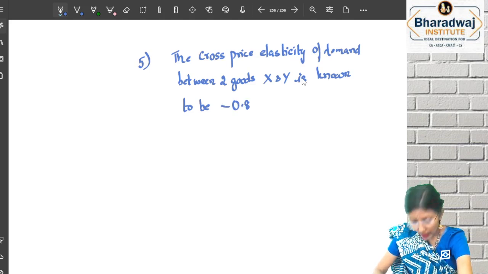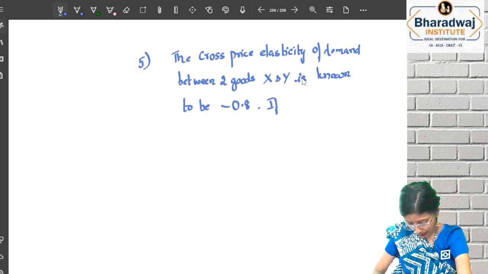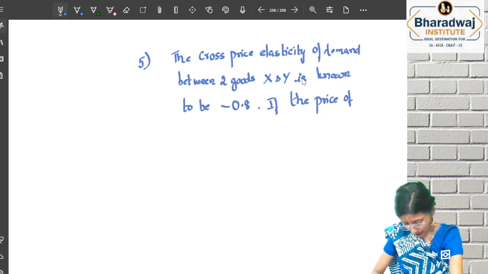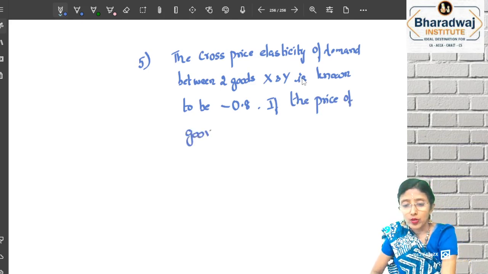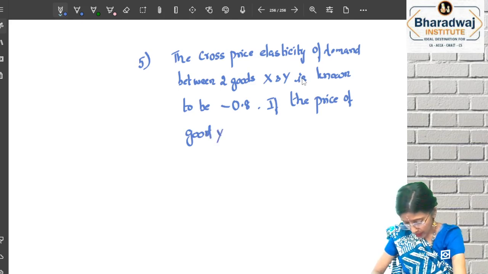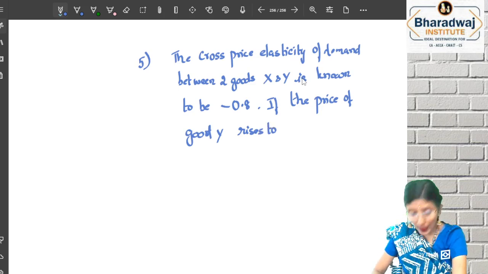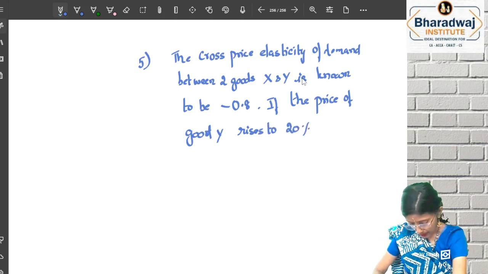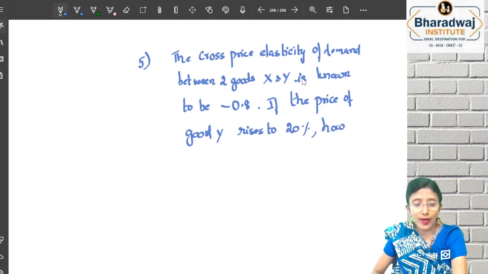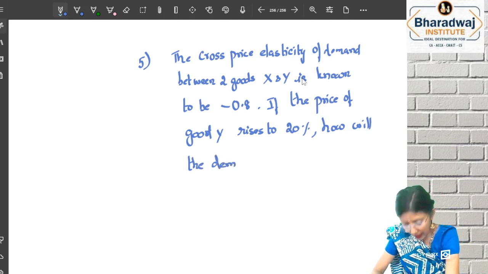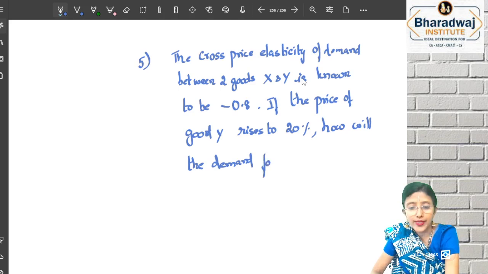If the price of good Y rises to 20%, how will the demand for X change?